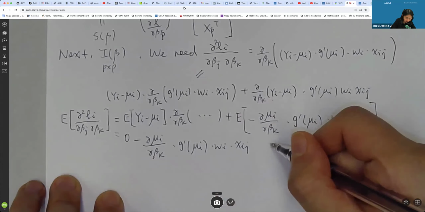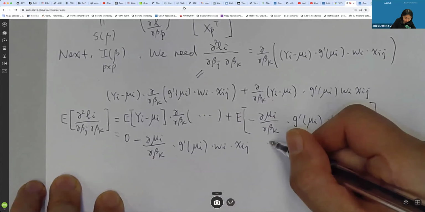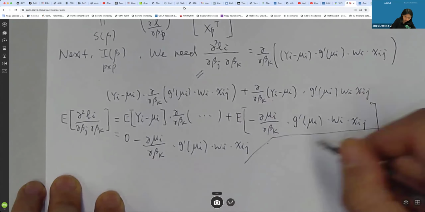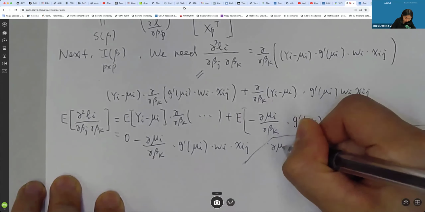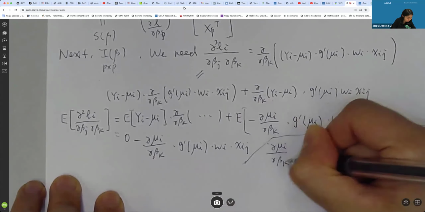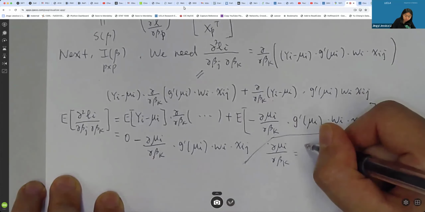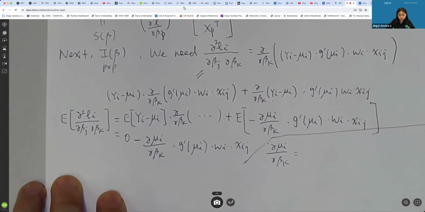We can do this right here. For partial mu i partial beta k, we use the chain rule again. Recall that the systematic structure links us from mu i to eta i to beta k, where eta is the linear predictor.